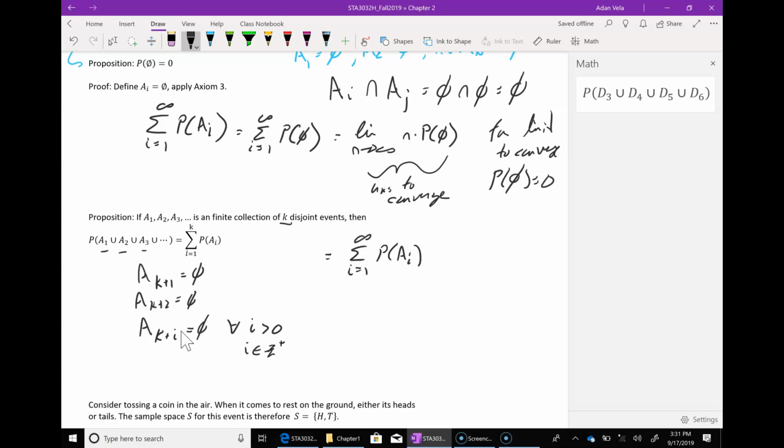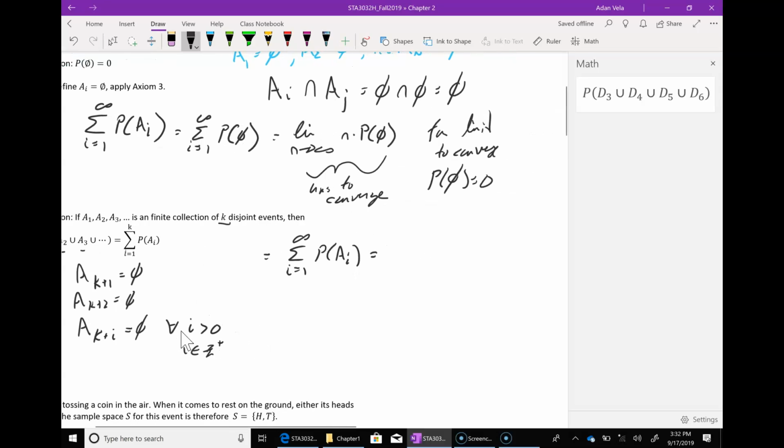We can divide this up into 2 chunks. One will be for the set A1 through AK that we already have. And the other chunk will be for the remainder of the infinite set, where each event set is given by the null set, sorry.